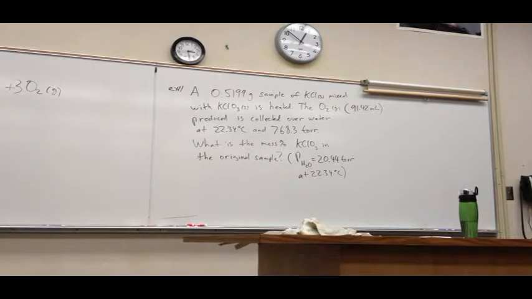Okay. How would you approach trying to figure out how to solve this problem? What's the first thing you'd want to know? Or ultimately, what do you want to know to get the answer? What's that mass percent? What does mass percent mean in this example, specifically?